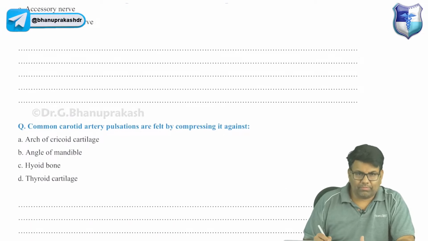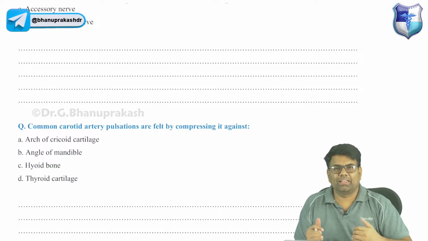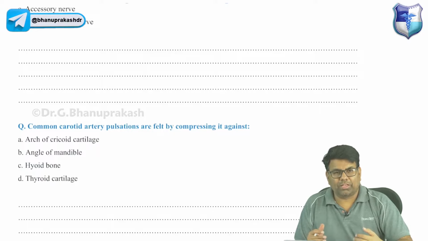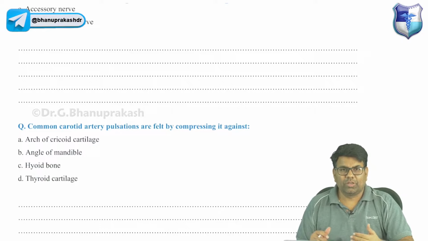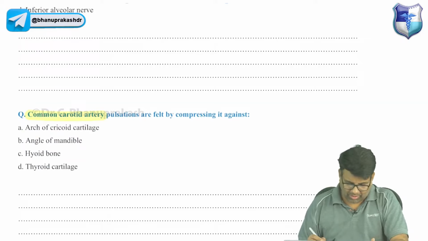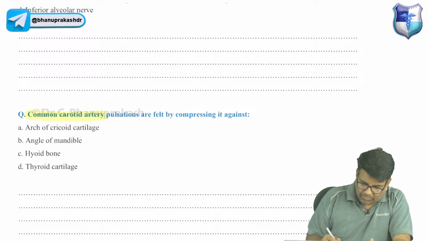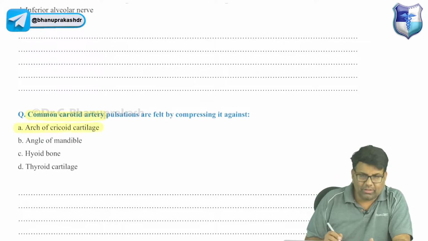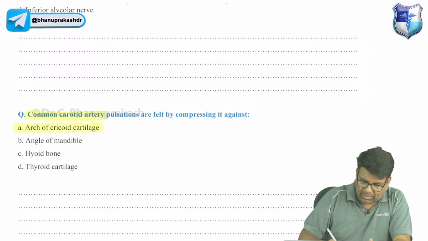Now we know that to palpate any artery, we have to press it against a base. So there has to be a bony resistance against which the artery is pressed so as to feel the pulsations. Now, if you want to feel the pulsations of the common carotid artery, yes, you're right, it should be pressed against the arch of cricoid cartilage.